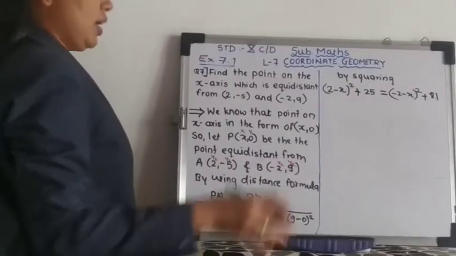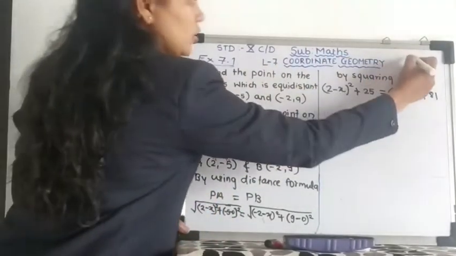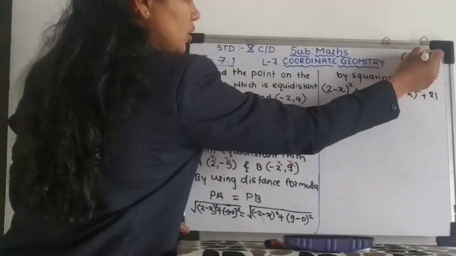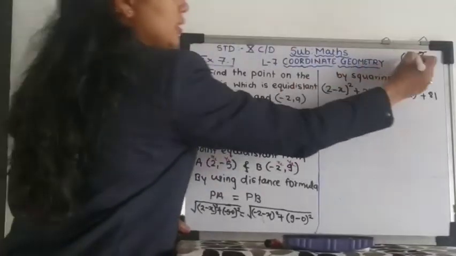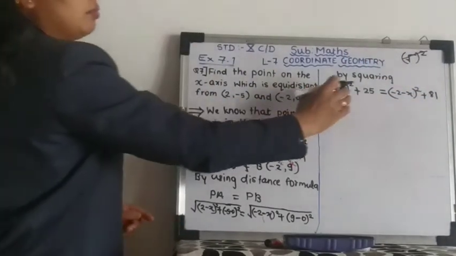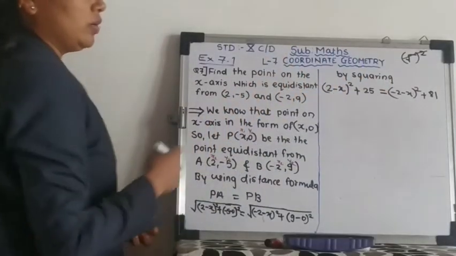Have you understood how I have written this step? By squaring, the square root gets cancelled and whatever number is inside the square root remains as it is. That is what I have done over here.